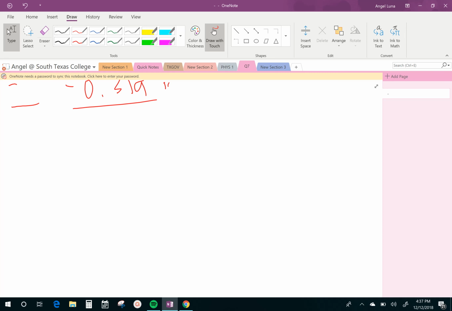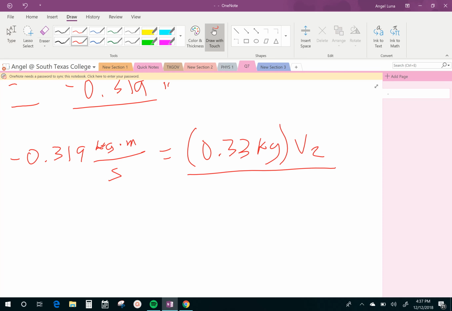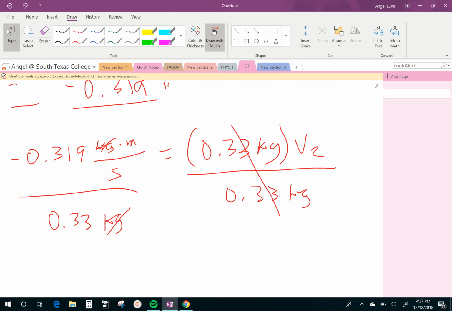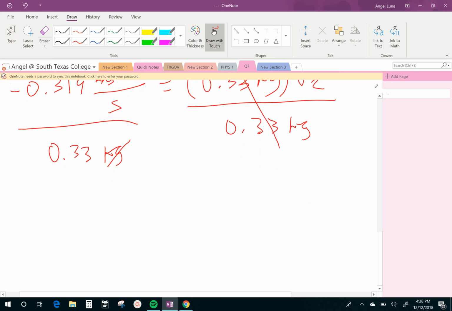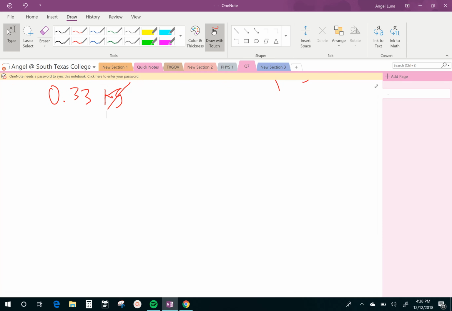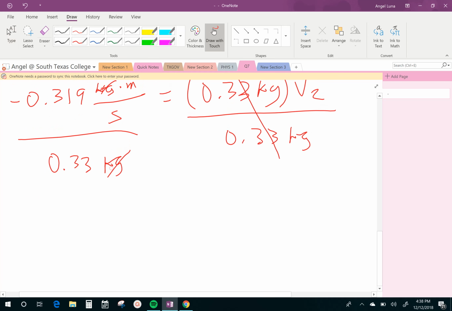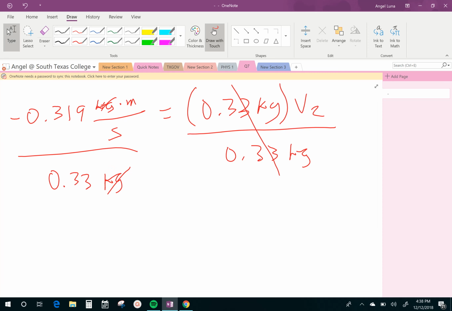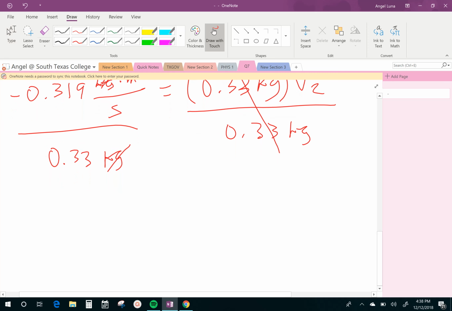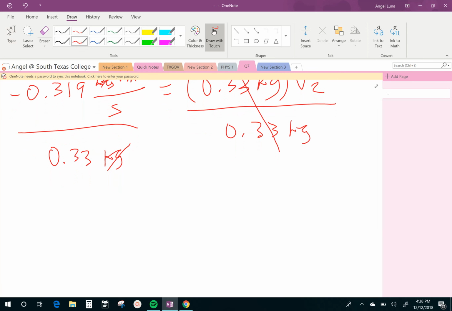Now let's isolate v2. This kilogram and that kilogram will cancel. We're going to be left with the units of meters per second, which is what we want since we're looking for velocity. And our quotient is going to be negative. So negative 967 meters per second equals v2.